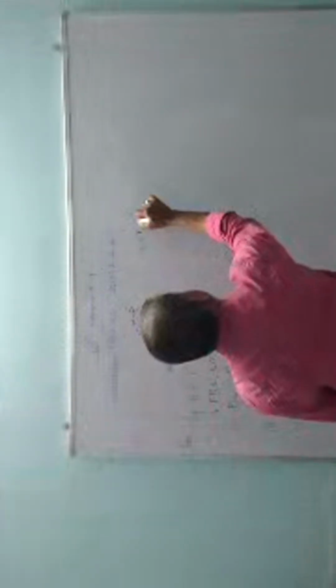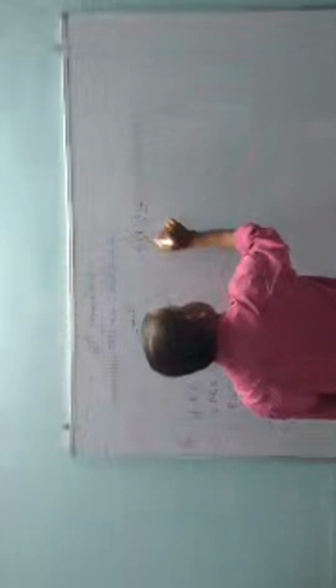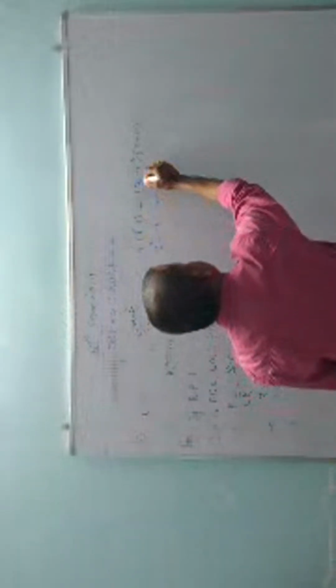So let us do cross multiplication. x into (x minus 1) is equal to (x minus 2) into (x plus 2). So x square minus x is equal to (x minus 2) into (x plus 2), which we can write as x square minus 4.